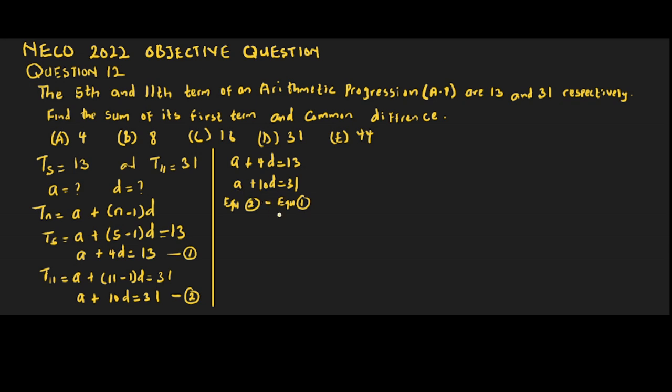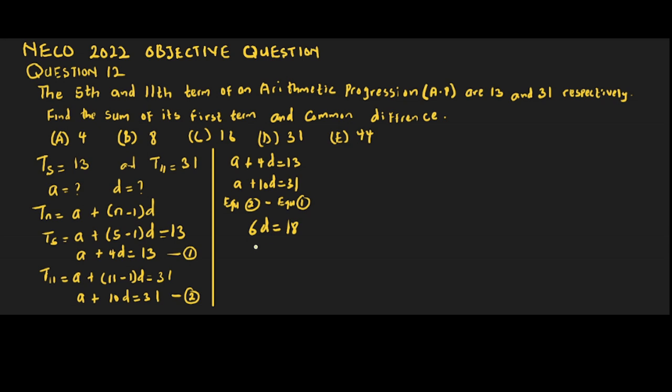Having equation 2 minus equation 1, A minus A is gone. We have 10D minus 4D, we have 6D equals 31 minus 13, which is 18.